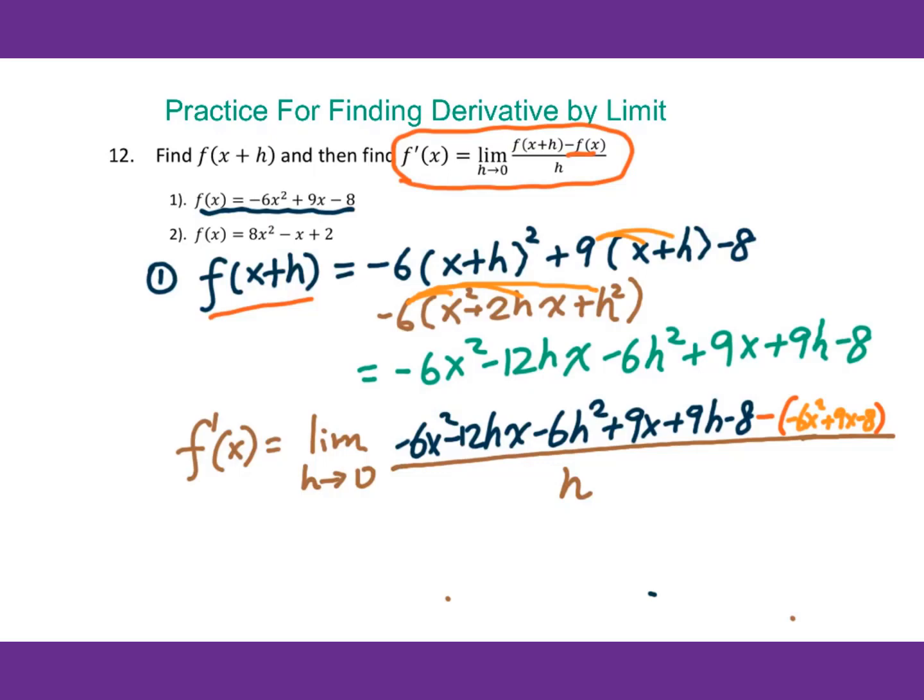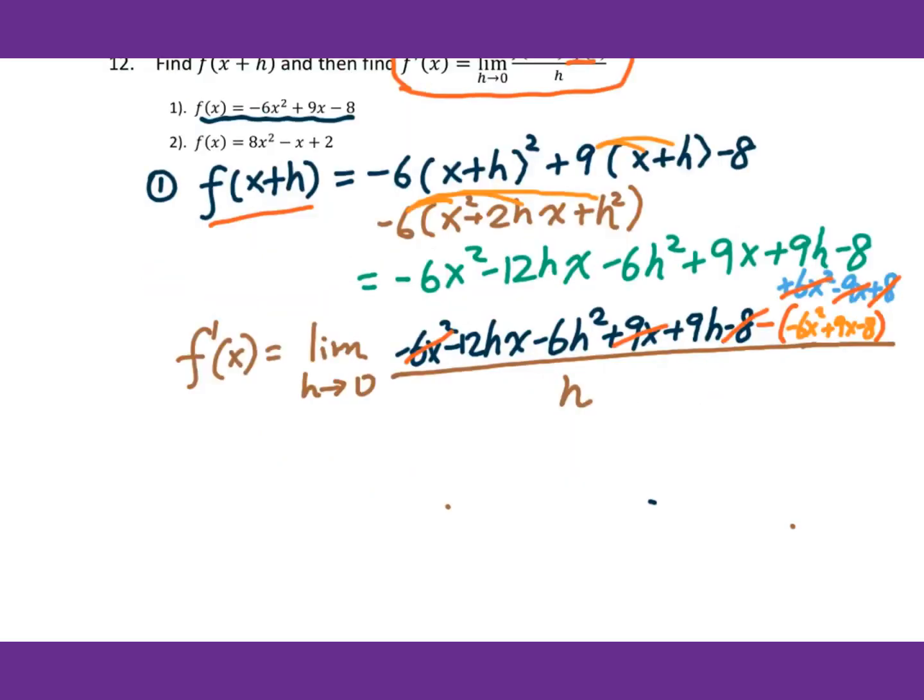You got positive 6x squared minus 9x plus 8. Remember, everything in these parentheses will be cancelled out. So positive 8, negative 8. Negative 9x, positive 9x. Positive 6x squared, negative 6x squared.